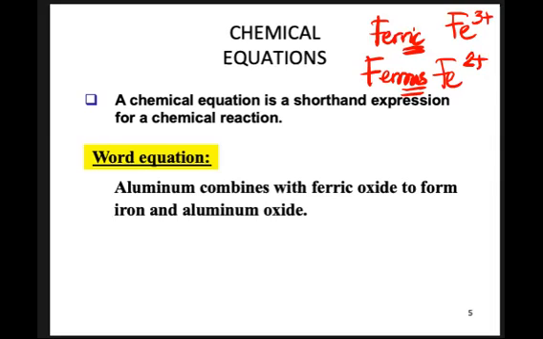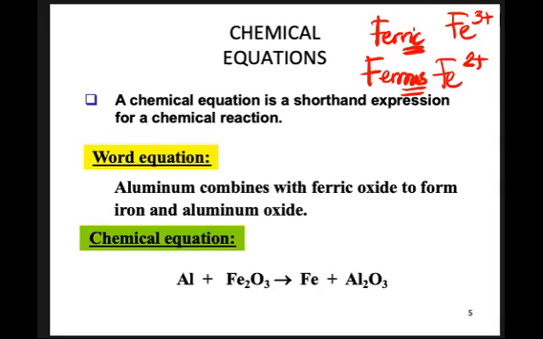Okay. Now, we convert this into a word equation. The word equation, we have to convert to a chemical equation. So we check: aluminum, ferric oxide, and then we have iron and aluminum oxide. You know now what type of reaction this is, right?